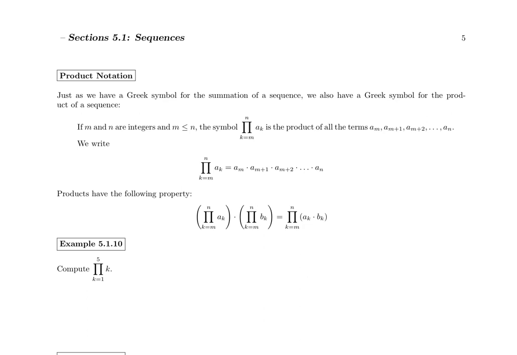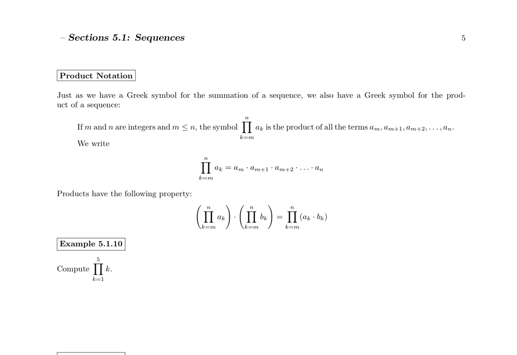One last notation that you probably haven't seen before in this section is this large pi. So we had a Greek symbol for a summation of a sequence, but what happens if we want to look at a product of a sequence? Well, enter the large pi.